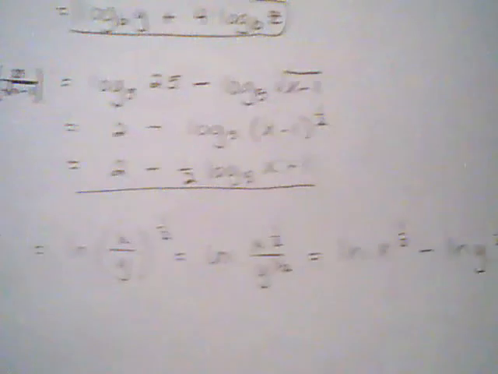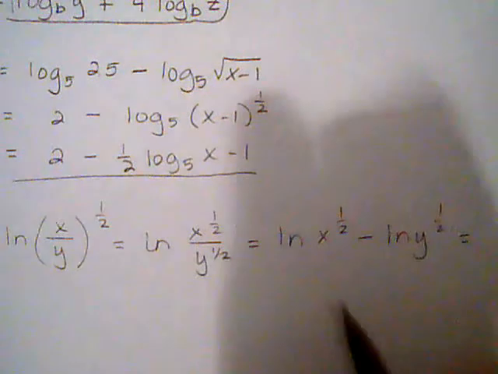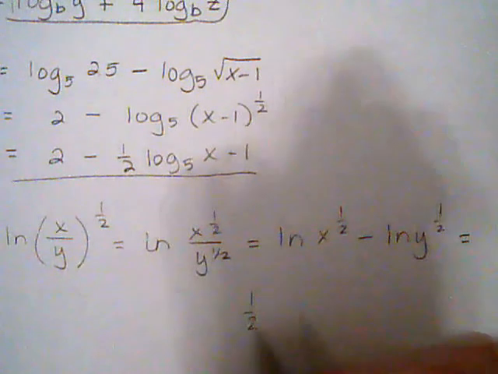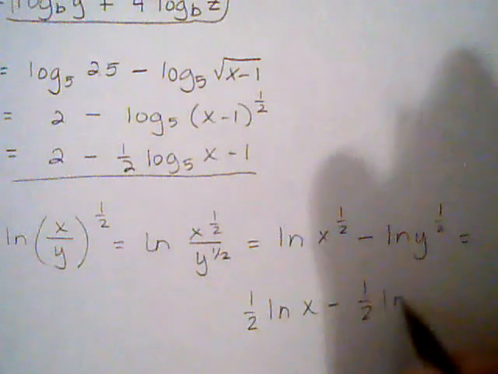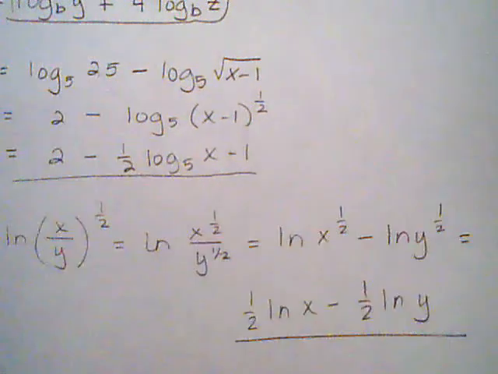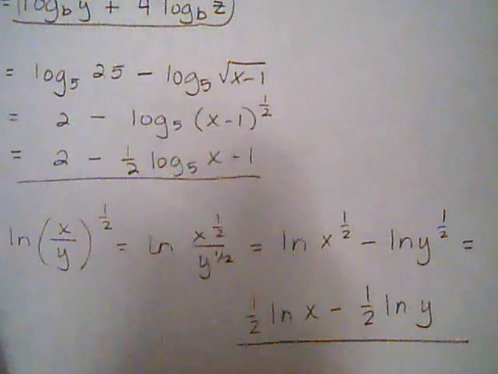Then use the power rule, and this would equal 1/2 natural log of x minus 1/2 natural log of y. Okay, those won't reduce any further, so you could stop here. Or you could factor out a 1/2, but I'm thinking on the homework that they want you just to leave it as far expanded out as you can. So I think they want you just to leave it in this form.